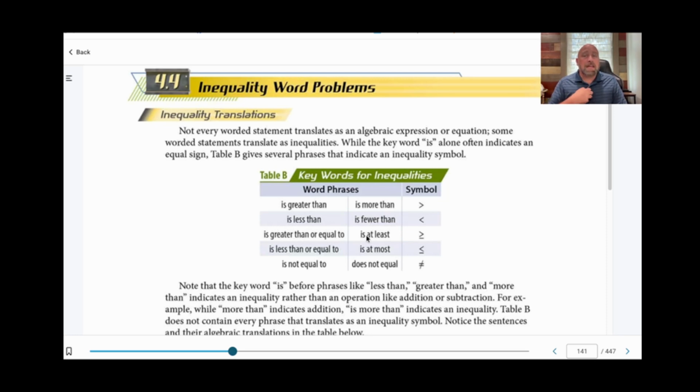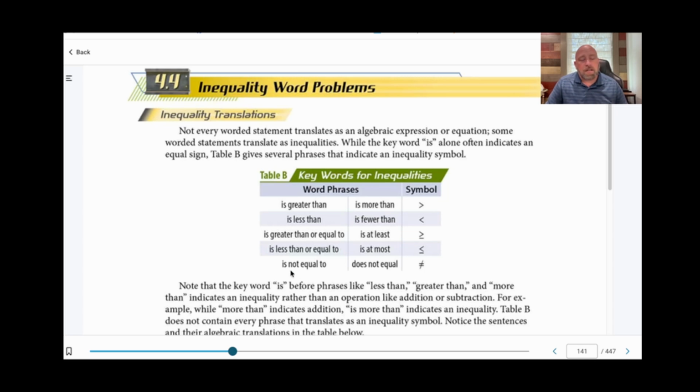So "at least" includes the 12, and then it could also be more. The other one would be "is less than or equal to," and "is at most." If I say there are at most 12 players on the team, it could include 12, but there would be 12 or fewer. So 12 would be the maximum, and you could have less than 12 also.